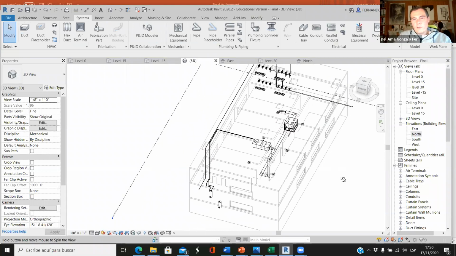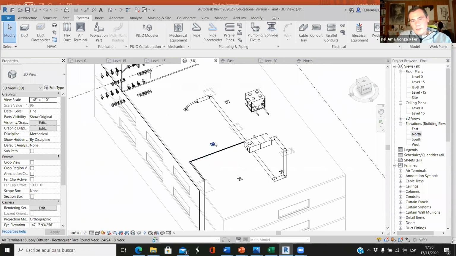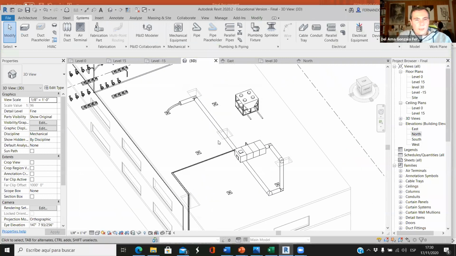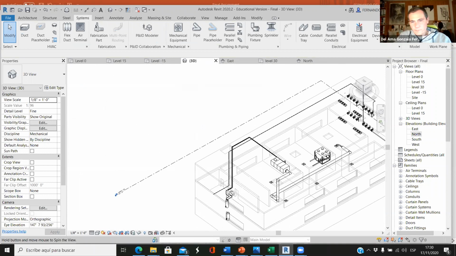Okay, so now we have to connect this diffuser to this duct and this to this duct. Working with T's and flex ducts, it should work.